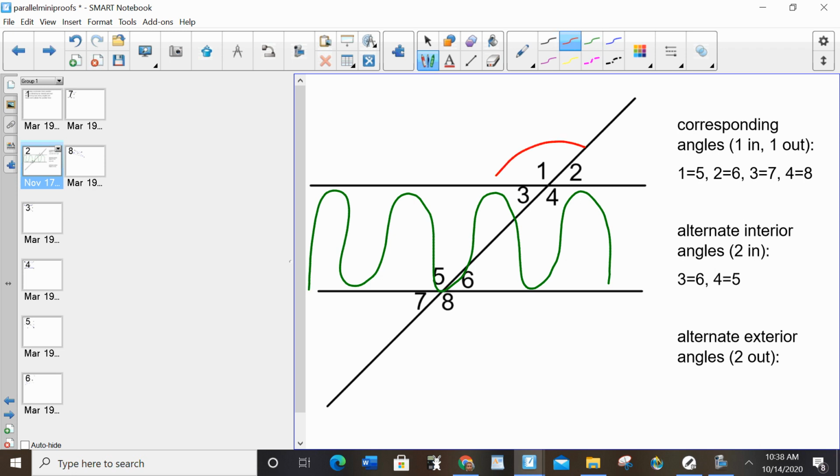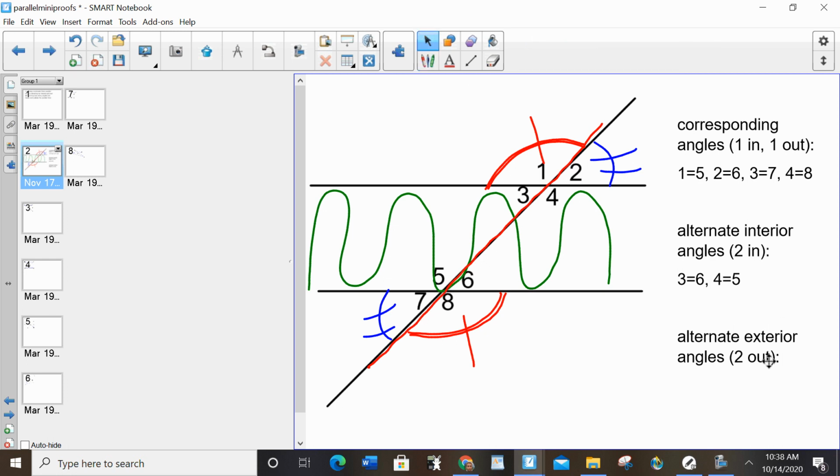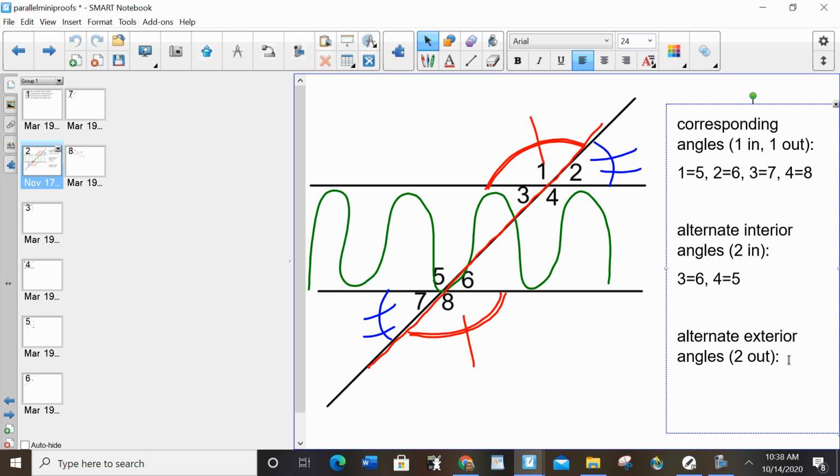So 1 and 8 are both exterior. The 1's on the left, the 8's on the right of the transversal, so they're alternate. So that's one pair, and the other pair would be 2 and 7. So my 2 pairs of alternate exterior, 1 and 8, 2 and 7.